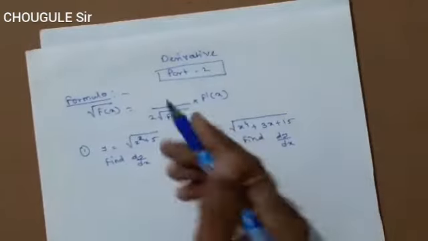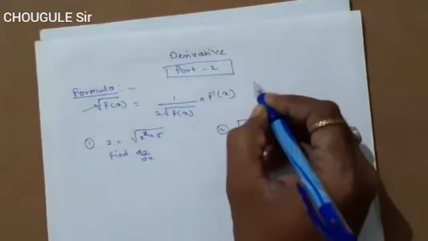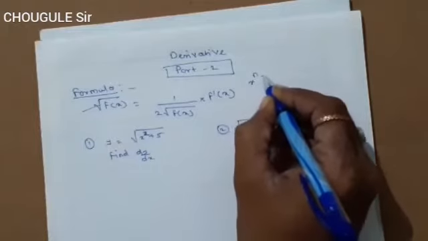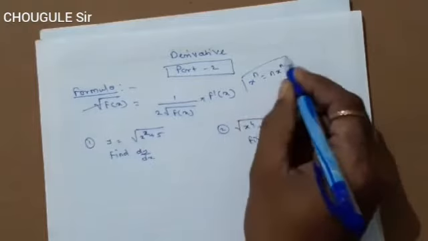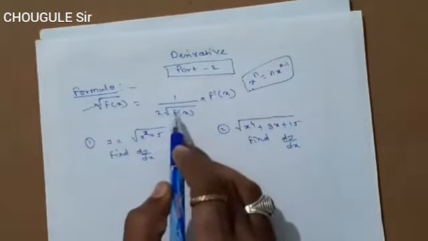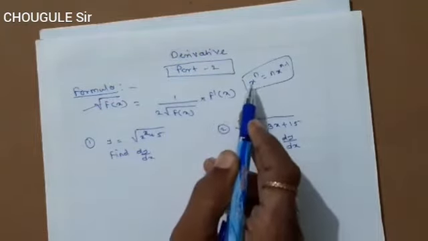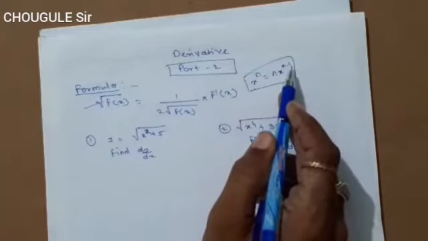The first formula will be as like this, and the second formula we can see in part 1: x to the power n is equal to n into x to the power n minus 1. On the basis of the root, the derivative of root f of x is equal to 1 by 2 root f of x into f dash of x, and x to the power n is equal to n into x to the power n minus 1.